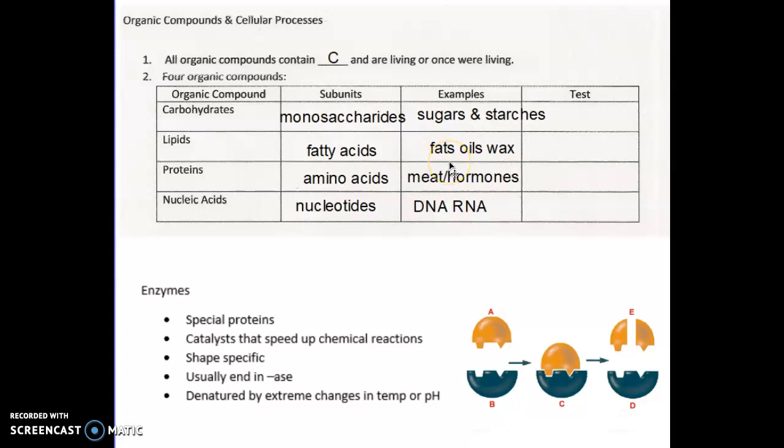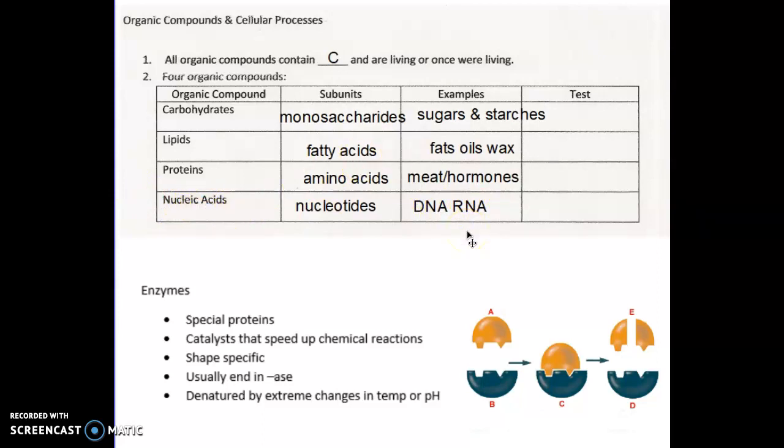Lipids are fats, oils, and waxes. Proteins are meat, muscle tissue, hormones, hair, antibodies. There's a whole lot of examples of proteins. And then your nucleic acids, the only two kinds are DNA and RNA. DNA and RNA kind of give themselves away as nucleic acids because that's what the NA stands for, nucleic acid.